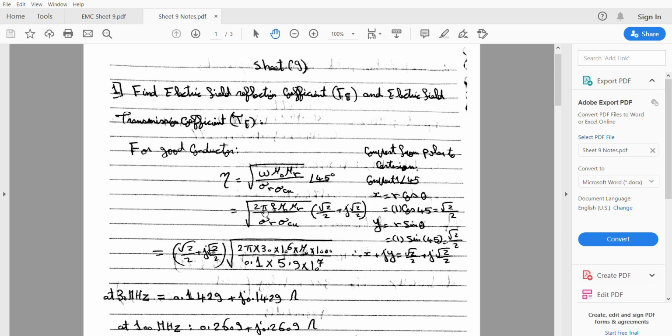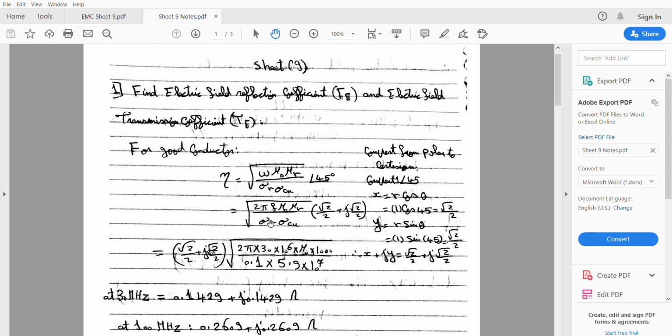So the frequency is given, a variety of frequencies are given, so you need to plug them in one by one. First at 30 MHz. Mu naught you can get its value on the calculator, which is equal to 4 pi times 10 to the power negative 7. Mu r of the steel is equal to 1000.